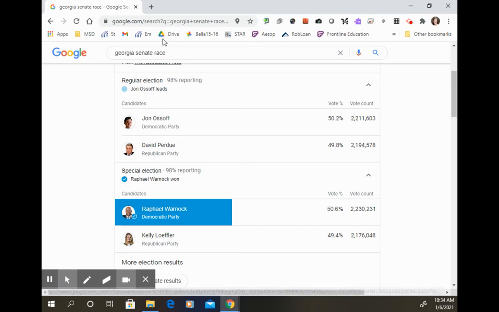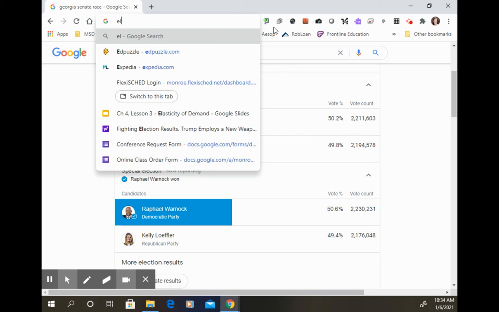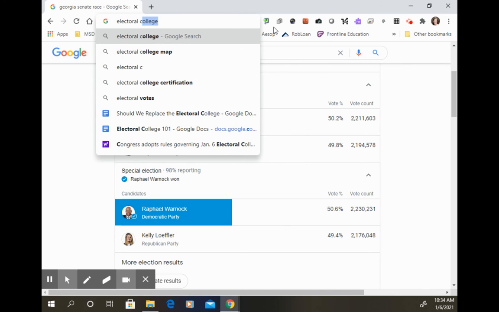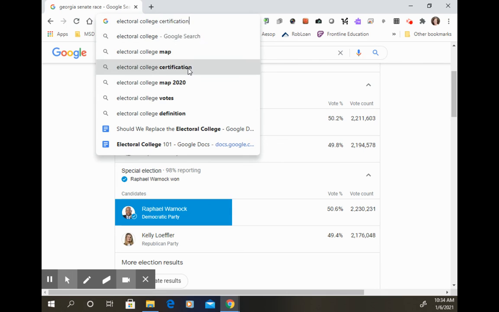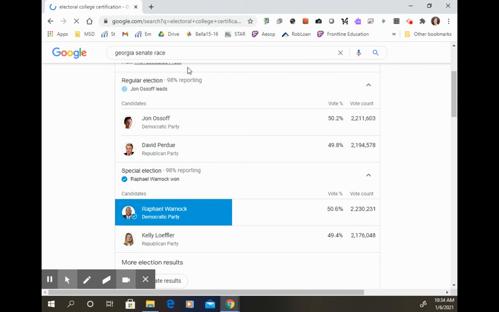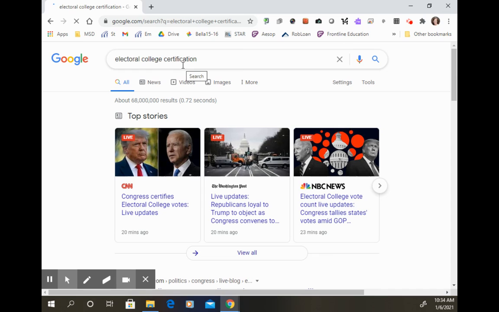The other thing going on today, and if any of you have been following it at all, the Electoral College certification is happening today in Congress. And basically, when you look at the Electoral College, and if you don't remember this from your class, that's okay. When we vote for our president, let me just bring up a picture.